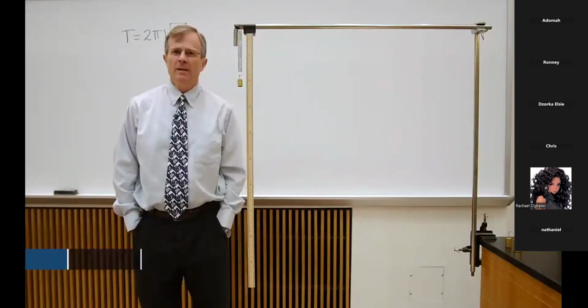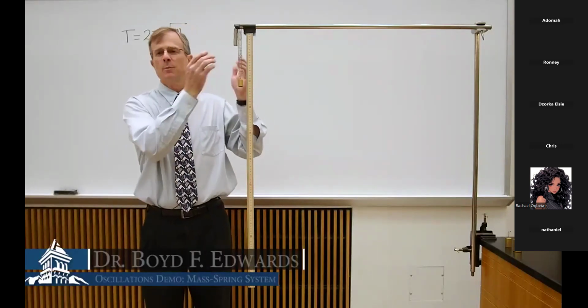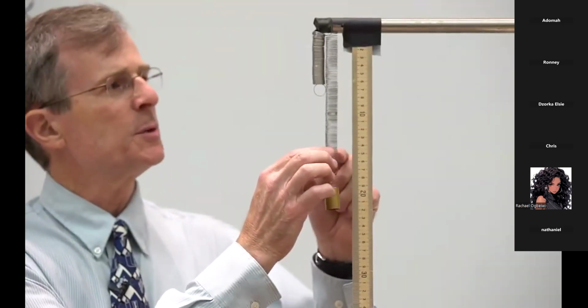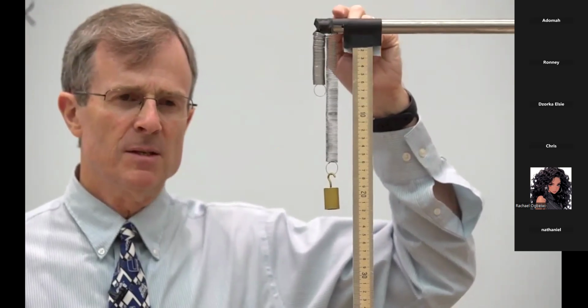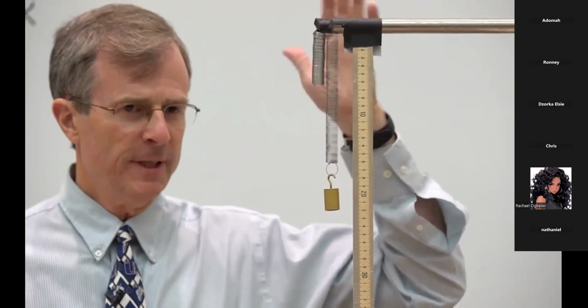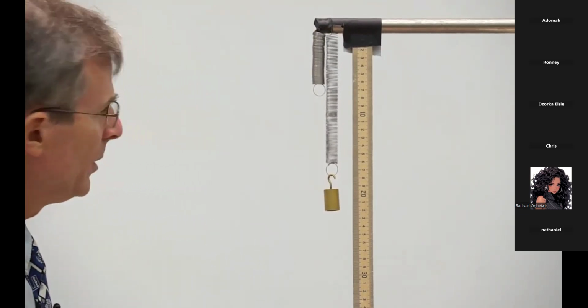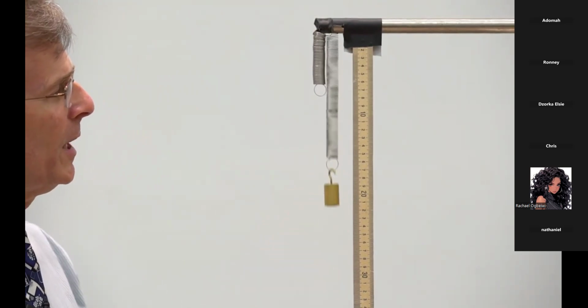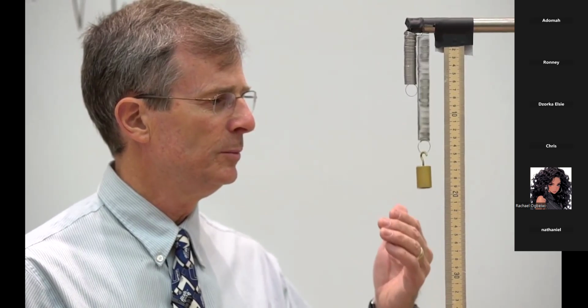I want to illustrate simple harmonic motion using a mass spring system. We're suspending the mass from the spring, and the other end of the spring is attached to a fixed, rigid support. The period of the motion is the time required for one oscillation. Boom, boom, boom.